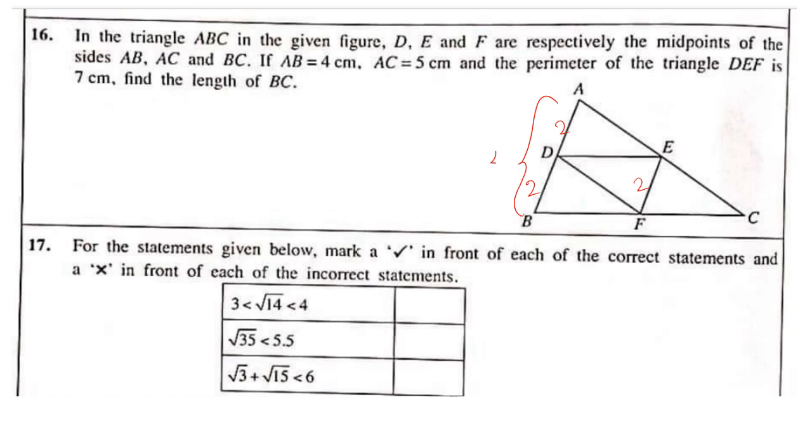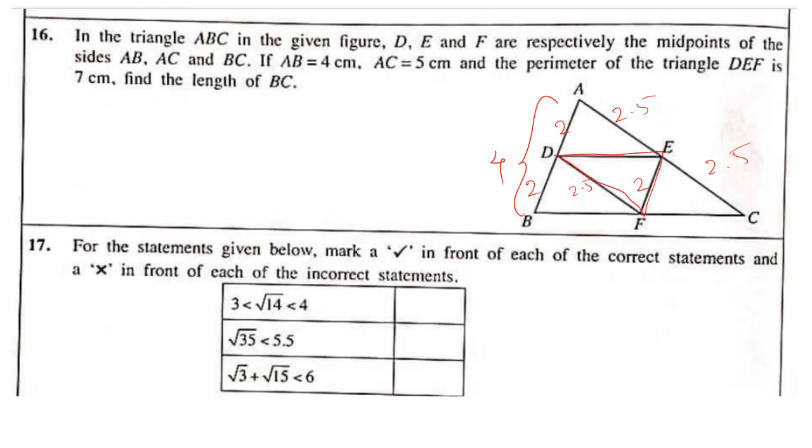Then EF has to be half of it, right? So AC is 5, then this is 2.5, and this is going to be 2.5. DF is going to be 2.5.